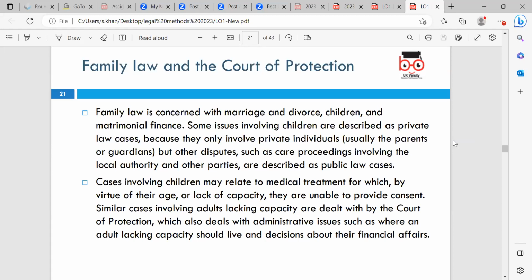So this could be if the person is disabled or of unsound mind, or has any sort of special needs, the Court of Protection would be able to help them because they don't have the capacity to make decisions about anything to do with their finances or where they live. So the Court of Protection will help them.